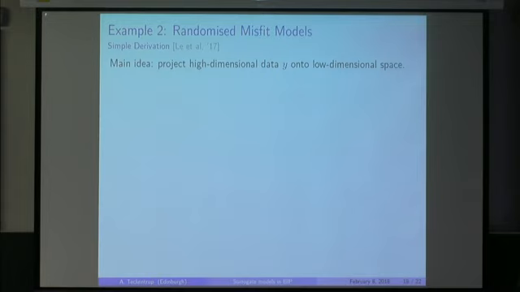So just very quickly, in the second example, these randomized misfit models work where you have a very high dimensional data vector, so your observed data y is very high dimensional, and you project it onto a random low dimensional subspace. So that's how the randomness enters there.